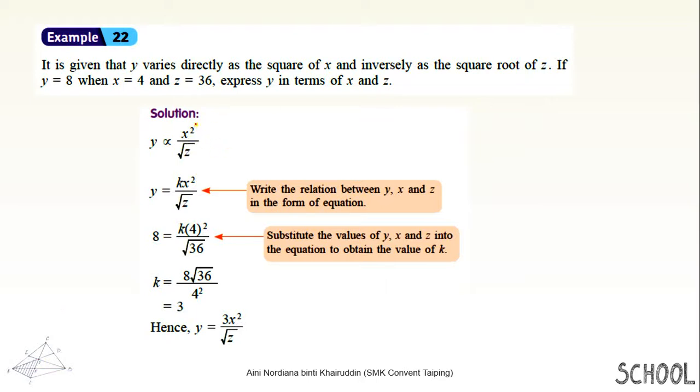This is varies directly, and this is varies inversely. Then by adding the constant here, substitute the value of y, x, and z, then you will get the value of k. Hence, substitute the k here with 3. Okay, so this is the equation.